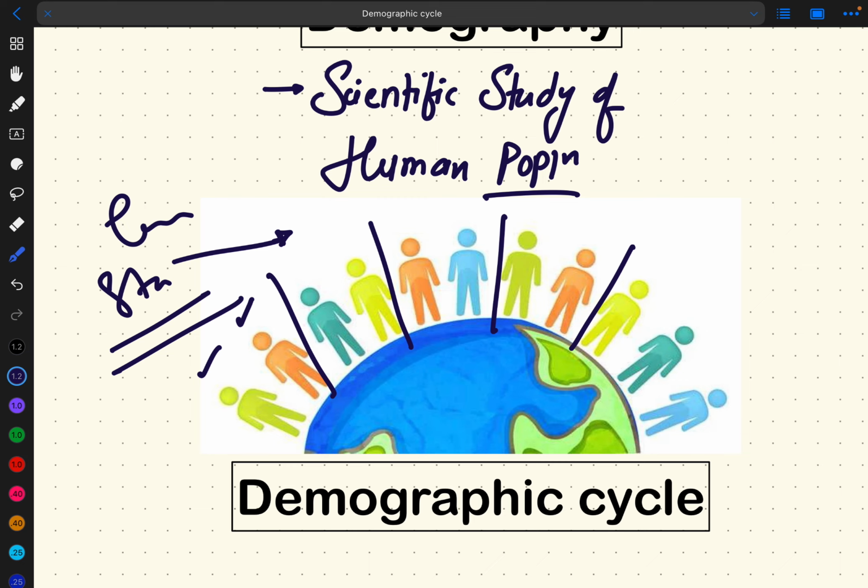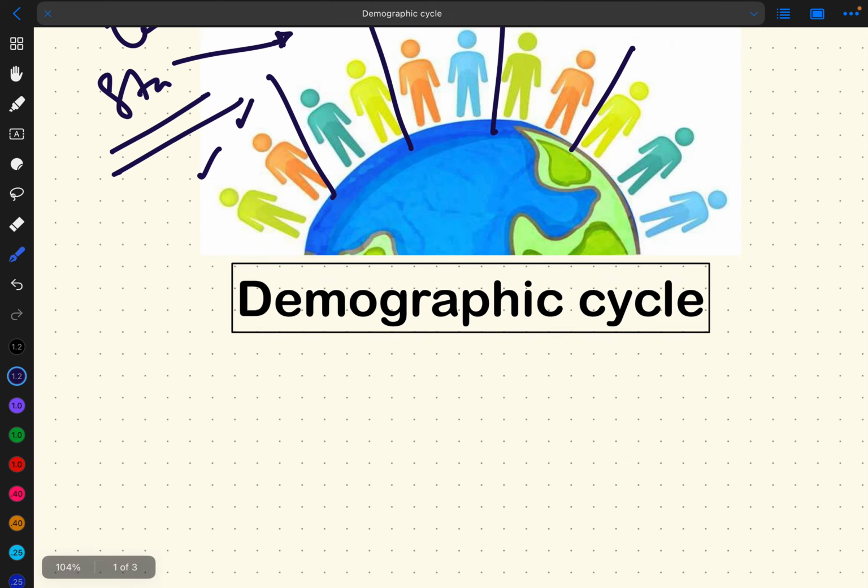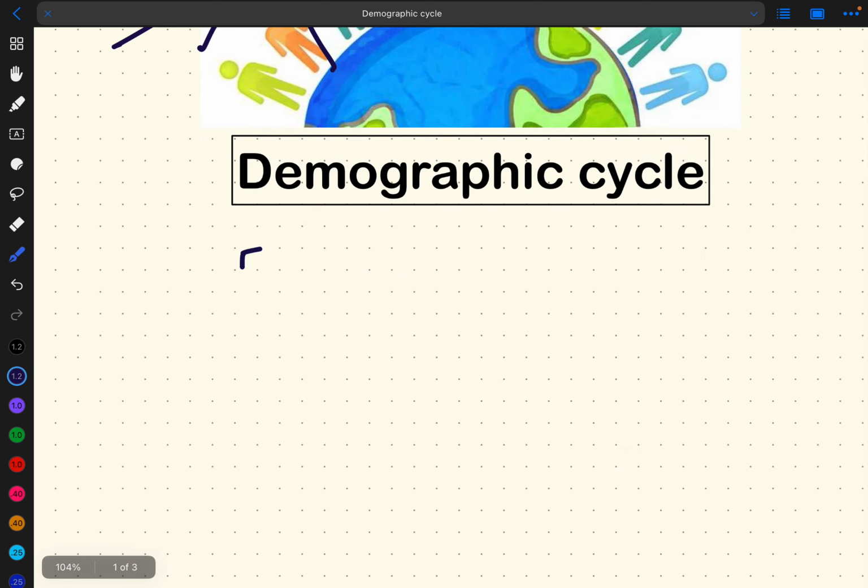The demographic cycle is divided into 5 stages. What are these 5 stages?